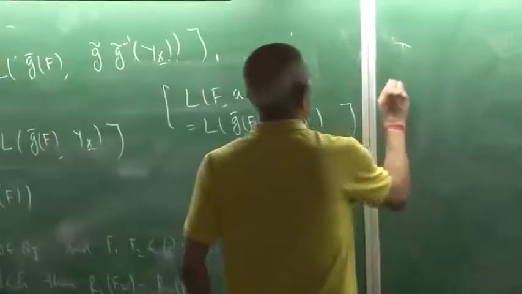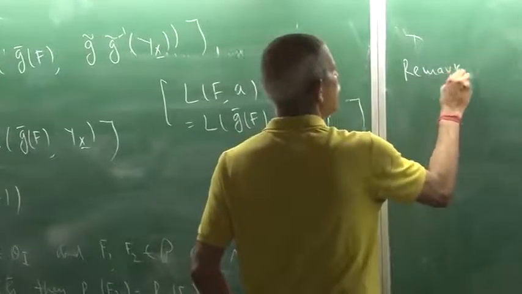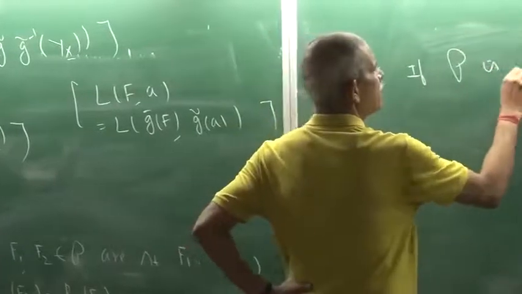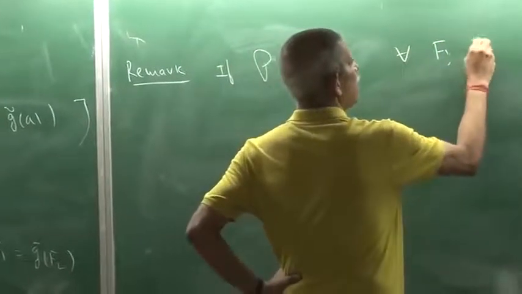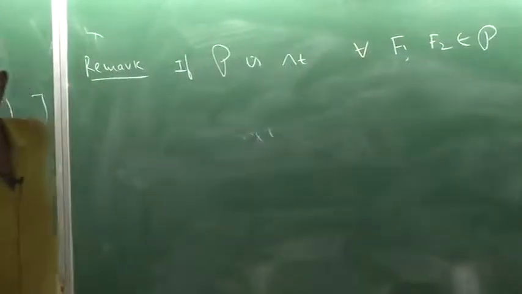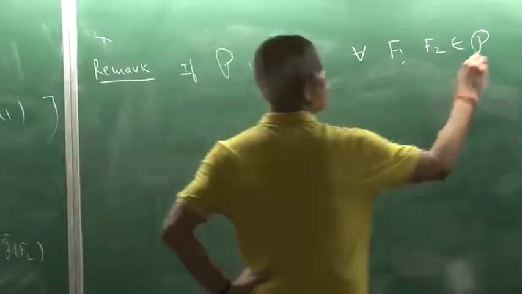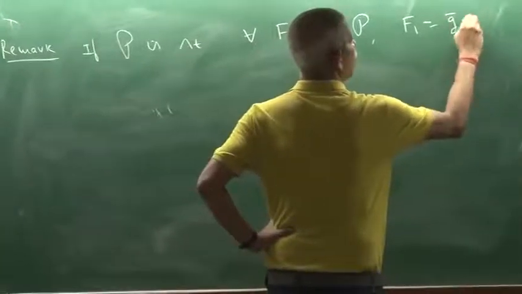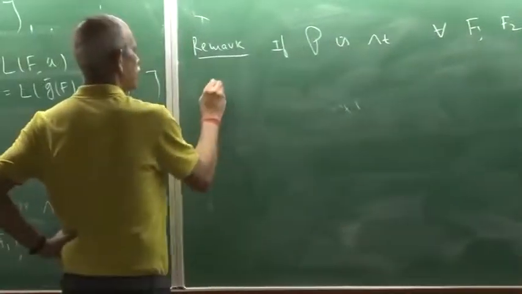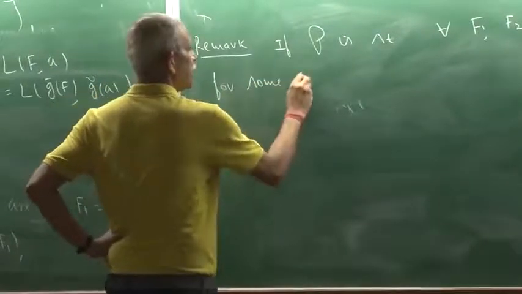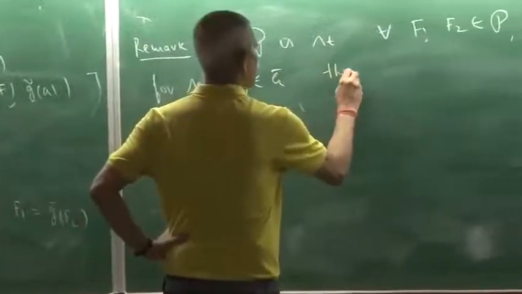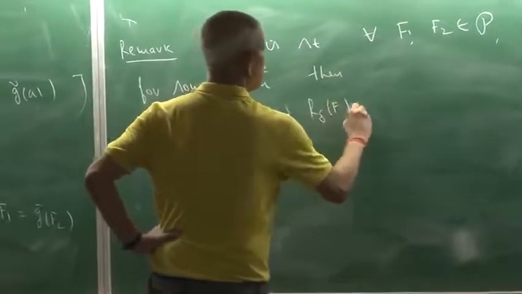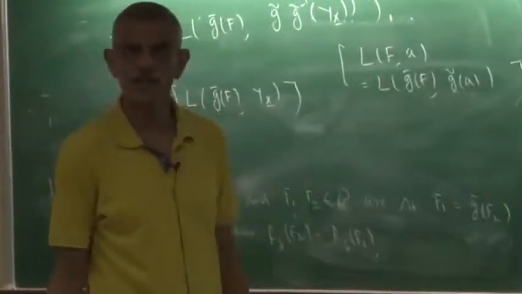So another remark: if P is such that for every two elements f1 and f2 in P, f1 is same as g bar of f2 for some g bar belonging to G bar, then r delta f for all of them would be same, because r delta f1 is same as r delta of g bar of f2, and any two f's are related through g bar.